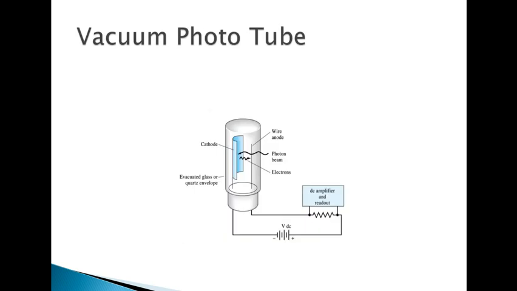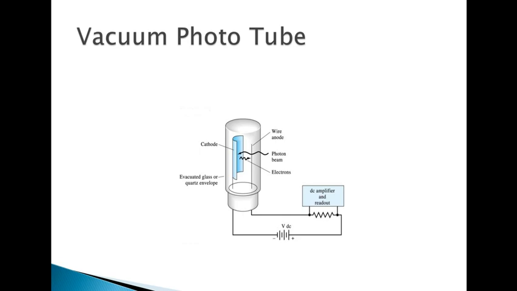If you see the vacuum phototube, there is one cathode and one wire anode, and the voltage is supplied like this. The cathode is coated with a photoemissive material.